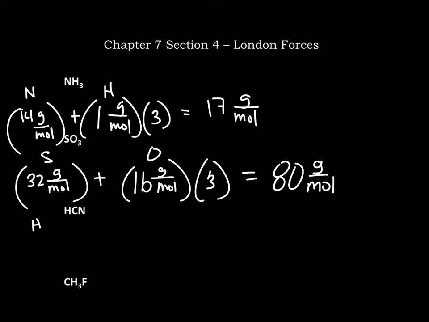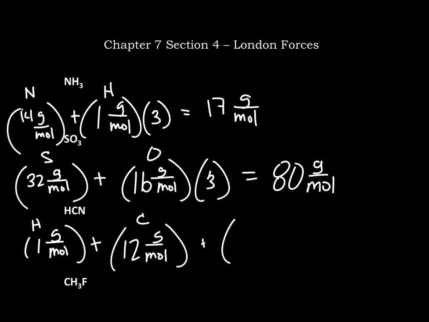HCN, hydrogen, 1 gram per mole, plus carbon, which is 12 grams per mole, and nitrogen, which is 14 grams per mole. Add that together and you end up with 27 grams per mole.